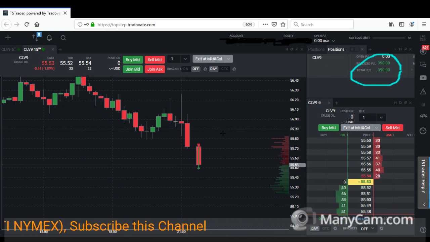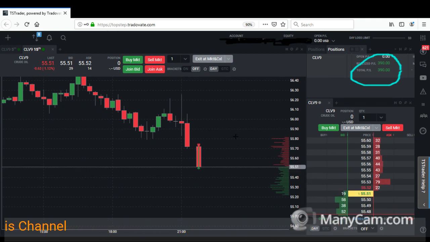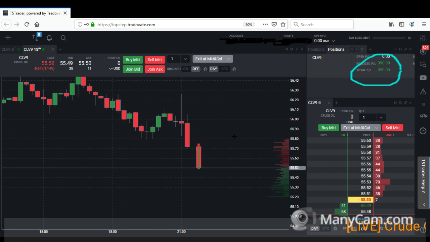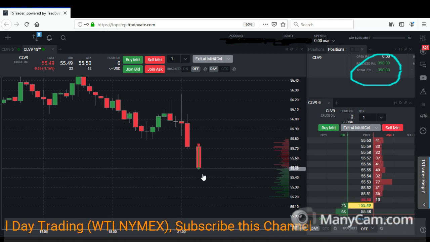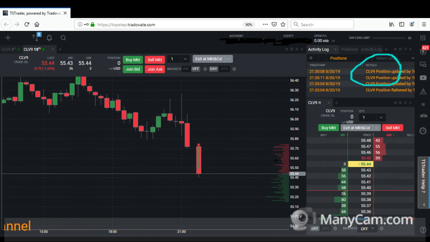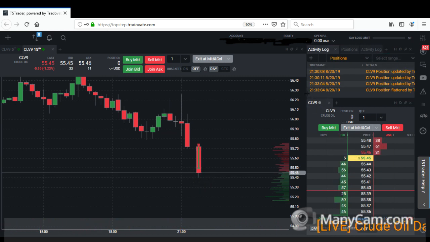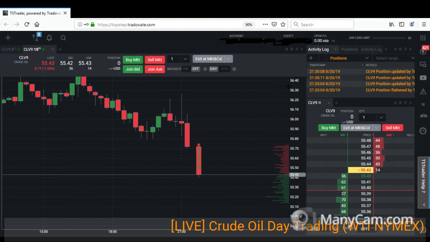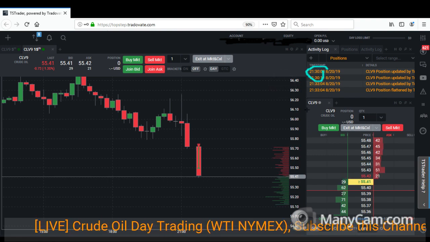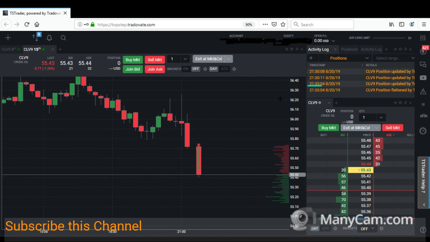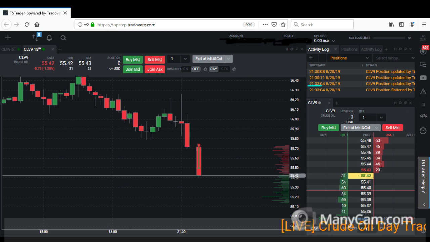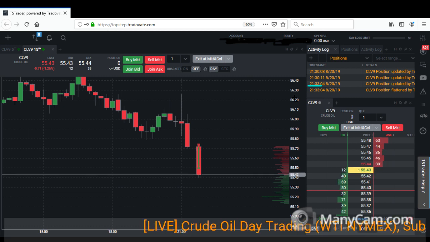And now the price is not moving too aggressively because a lot of people already took profit. So let's take a look at how long we were in the market. Okay guys, now I have seen we entered the market at 9:30 and then exited at 9:33. So this was a good one. You can see it's about 3 minutes, 390 US dollars.